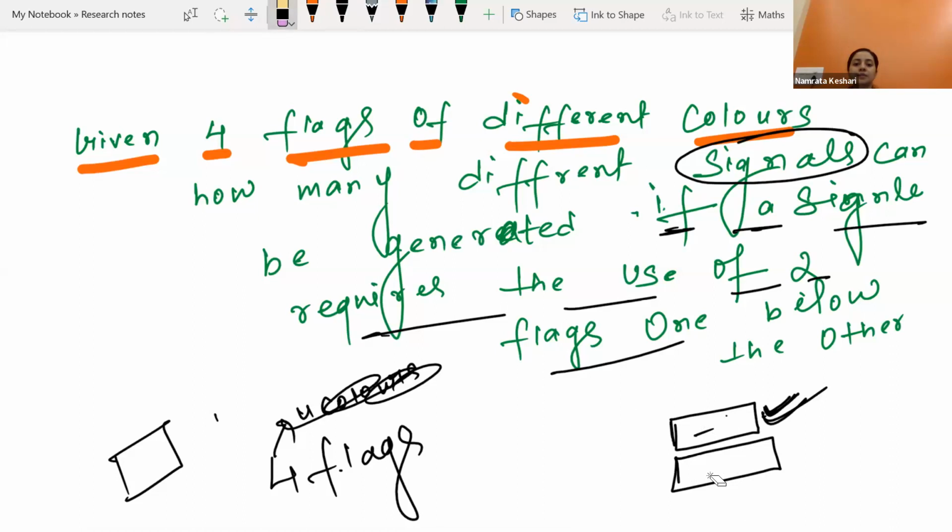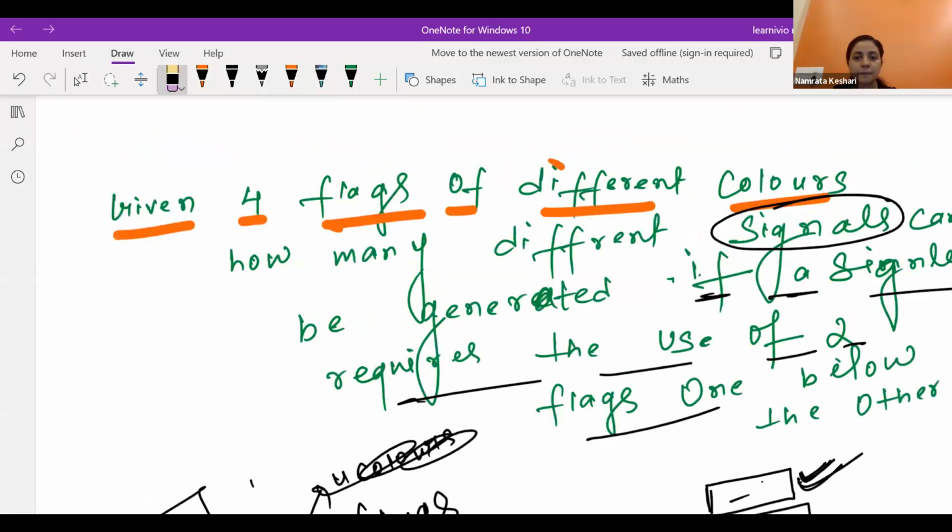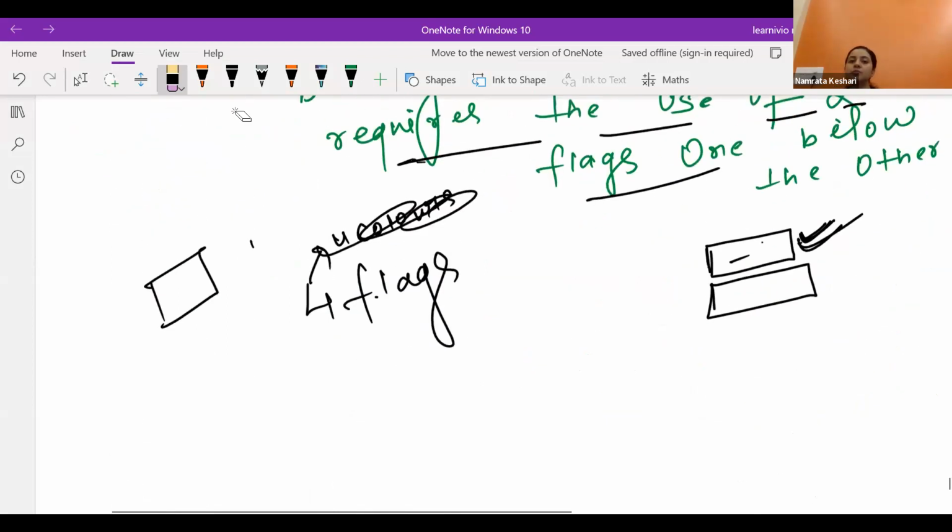Four. Yes, can you tell me again, Alina? Yes, four. Okay, four possibilities we are having to fill the first space. And once we paste one of the flags over here, how many possibilities are we left with?